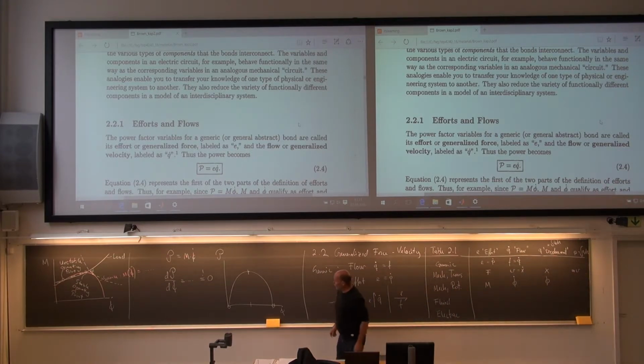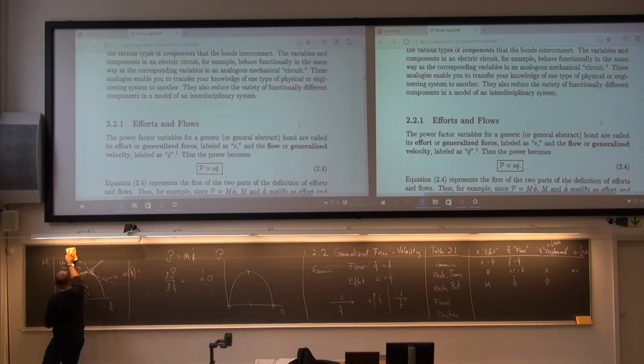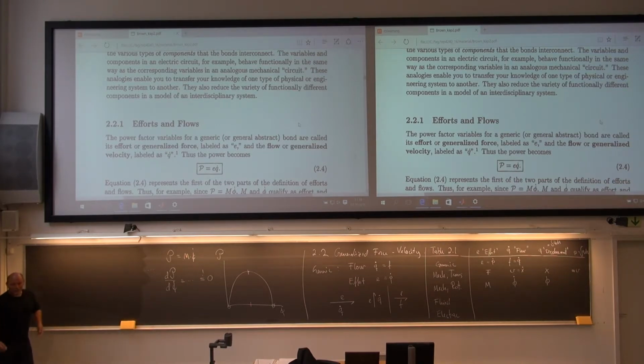If you recall from basic mechanics, you have Newton's second law of motion saying mass times acceleration, that is the sum of all forces.